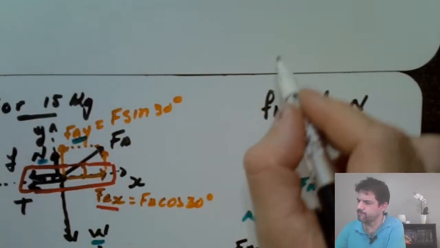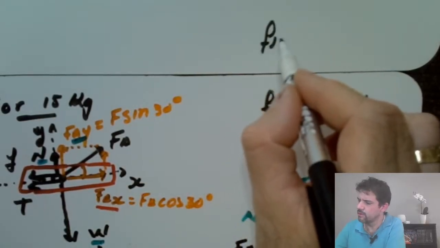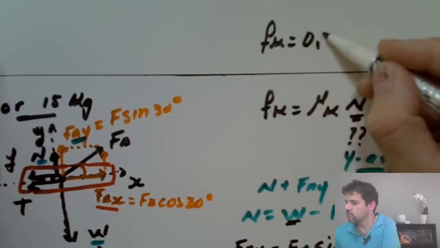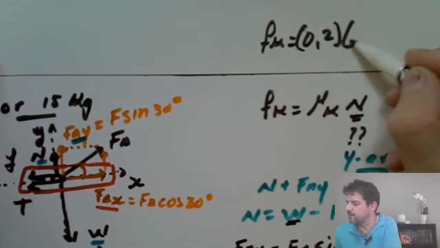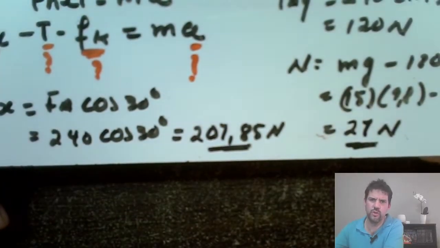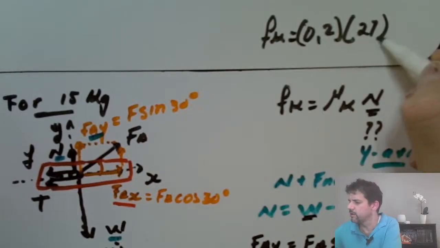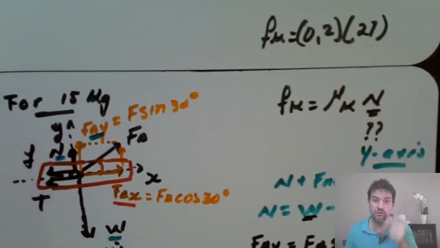So friction here is equal to kinetic coefficient of friction, which is given to us, and is going to be 0,2 multiplied by the normal, which we did calculate. It is here, and it's 27 Newton. So multiply by 27, that is the kinetic frictional force.